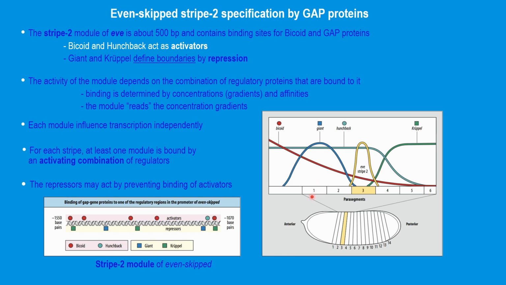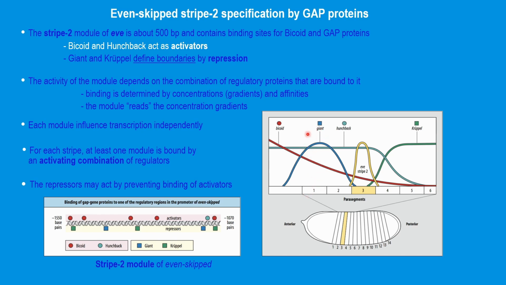stripe 1 here, for example, it's obvious why Eve can only be expressed here, right? We have repressors in the other areas that block its transcription, but the Eve gene is the same, and the enhancers are the same in area 1, but it will be other enhancers that are insensitive to levels of giant, for example, that will be turned on.